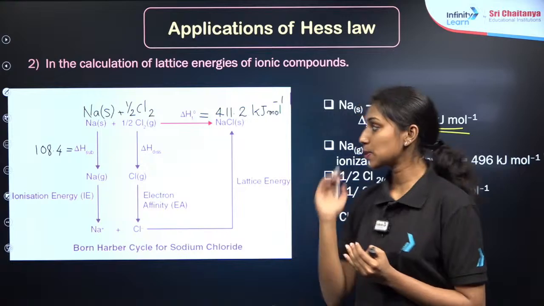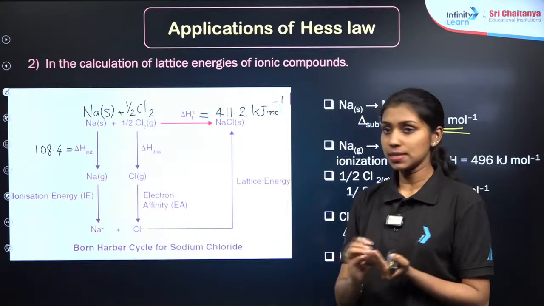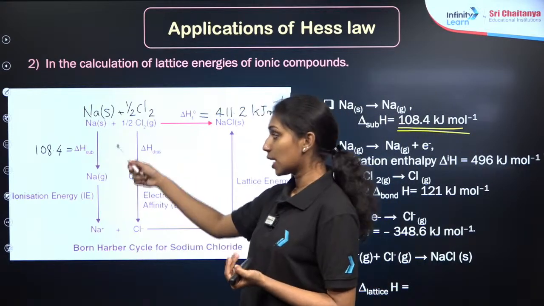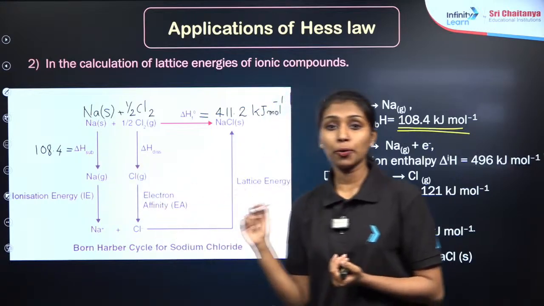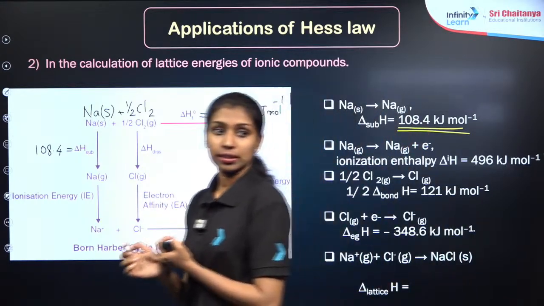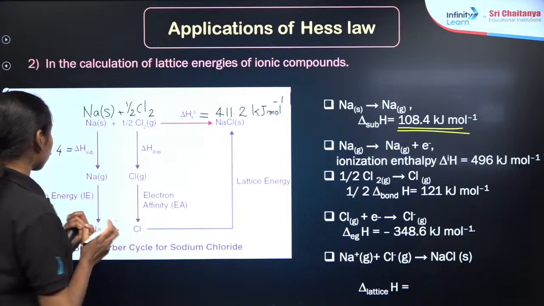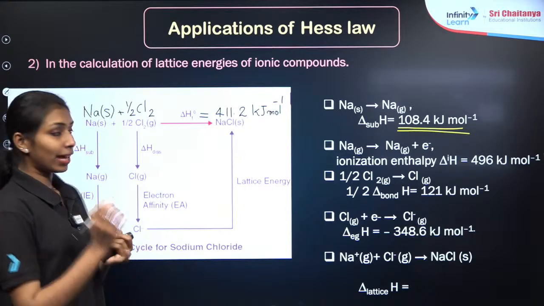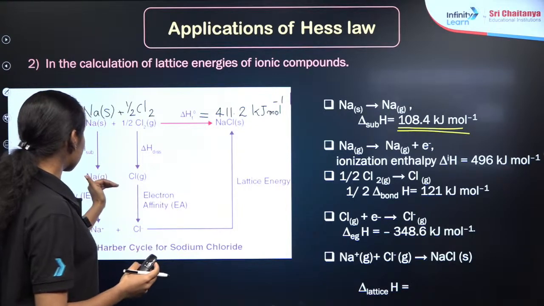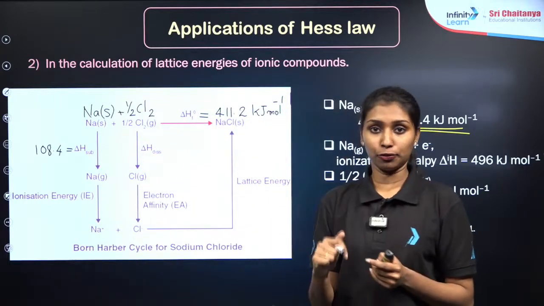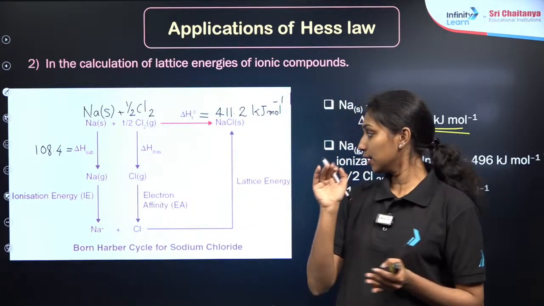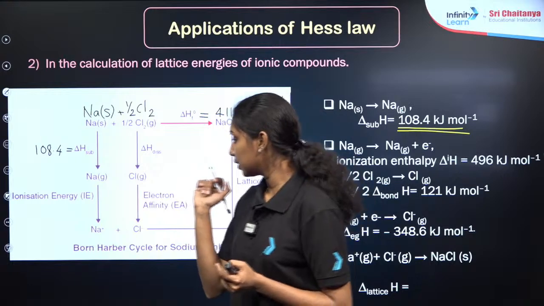Direct conversion of solid to gas is known as sublimation. So I can call this enthalpy change the enthalpy change for sublimation, and it is given as 108.4 kilojoule per mole, right? Then we have converted solid sodium to gaseous. Now we have to convert this gaseous sodium atom to its ionic form. What do we have to do? We are just removing an electron, right?